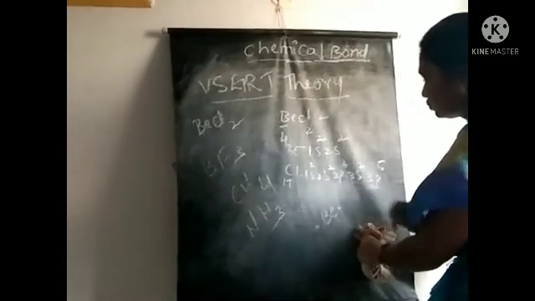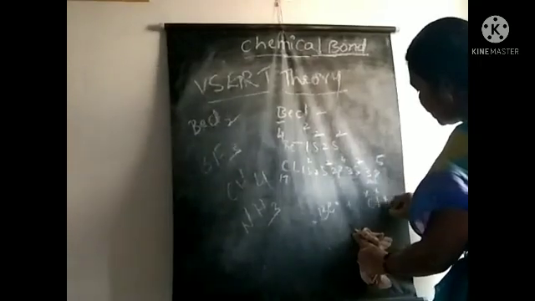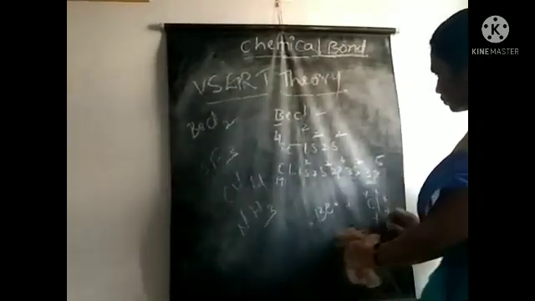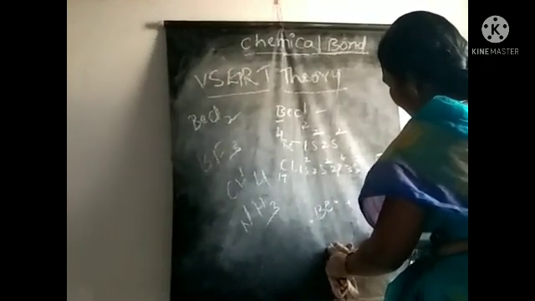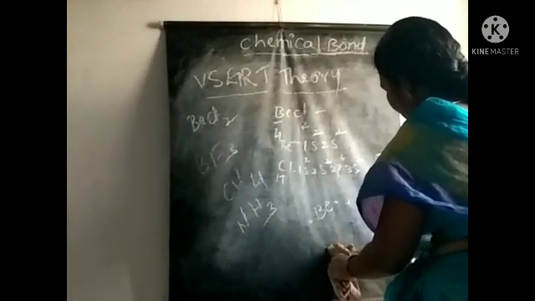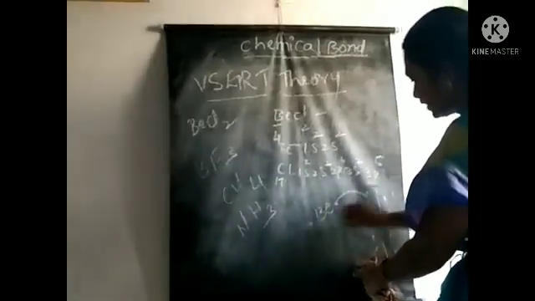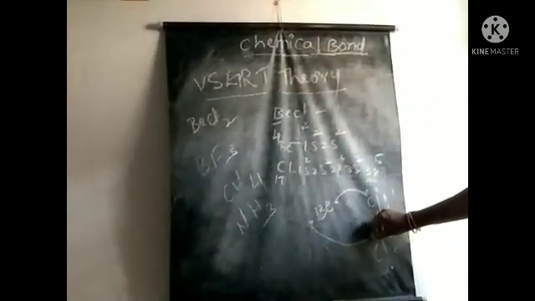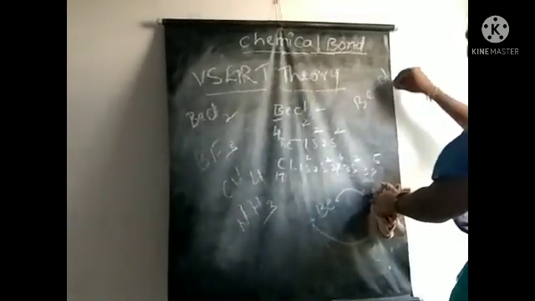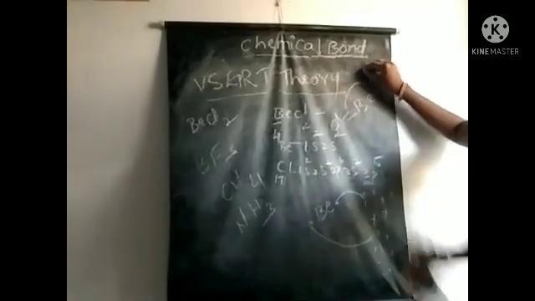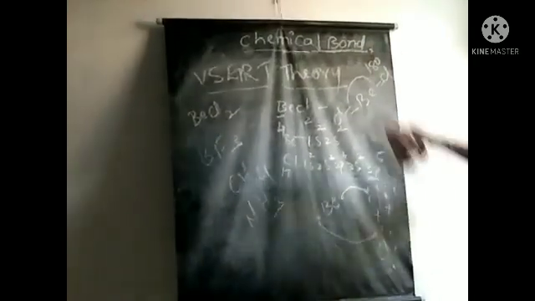In chlorine there are 5 electrons in the p orbital, and another chlorine also has 5. Bond formation takes place like that. The bond angle of BeCl2 is 180 degrees.